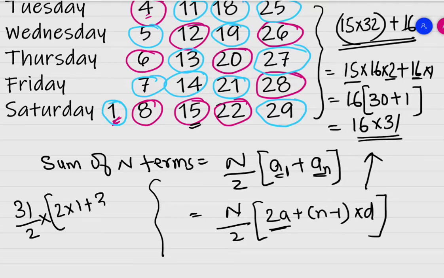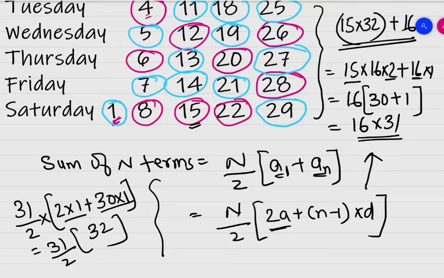So n minus 1 is 30, and d is nothing but 1. So see here what you are getting: 31 by 2 multiplied by 2 plus 30, that is 32. So if you cancel, 2 ones are 2 and 2 16s are 32. So 16 into 31 you are getting here.